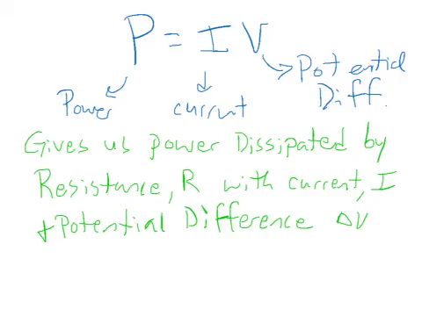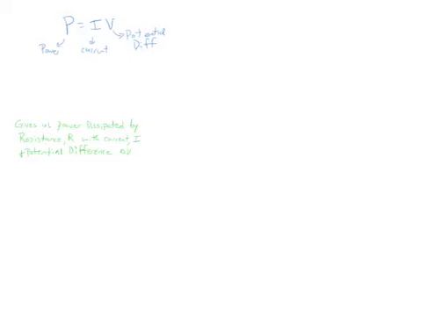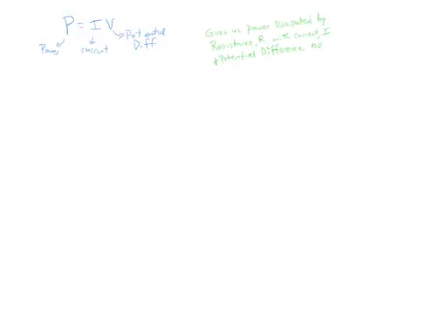Now, if we apply Ohm's law to this, we're going to be able to develop two other power equations that we'll be able to use as we solve power questions. So, to start with, we've got P equals IV. There's our electrical power. Okay?